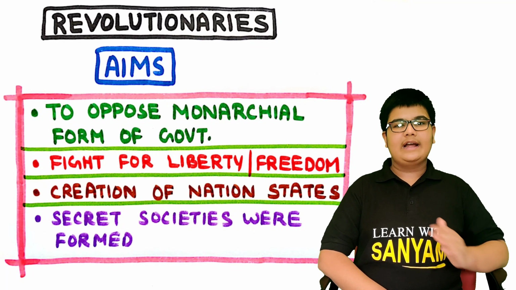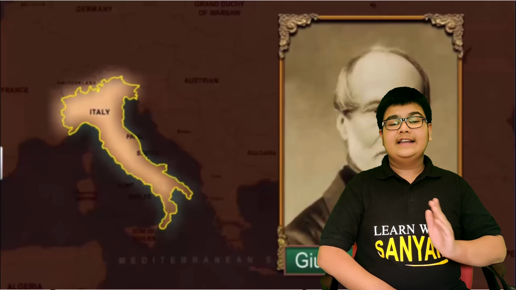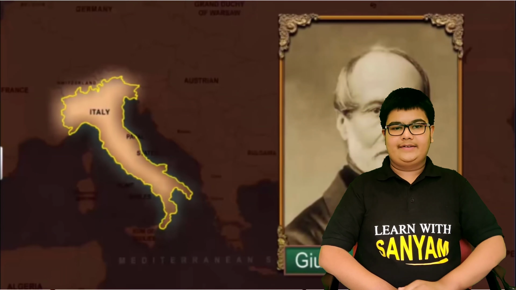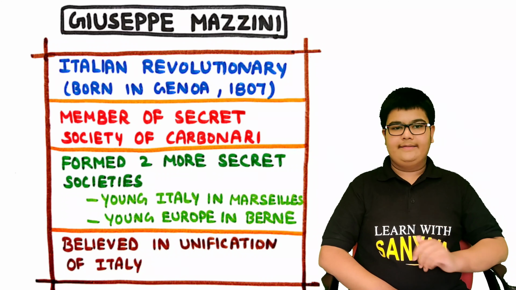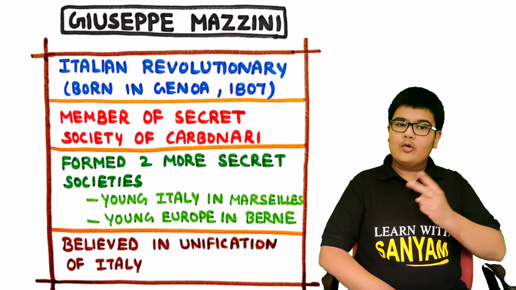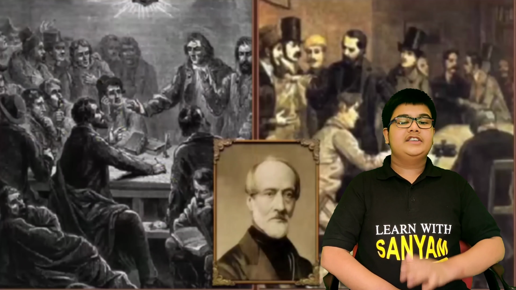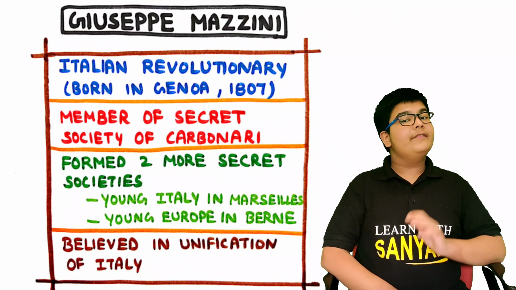Now let's look at one such revolutionary. Giuseppe Mazzini was an Italian revolutionary born in Genoa in 1807. He was a member of the secret society of Carbonari. He formed two more secret societies, Young Italy in Marseilles and Young Europe in Bern. He believed in the unification of Italy.